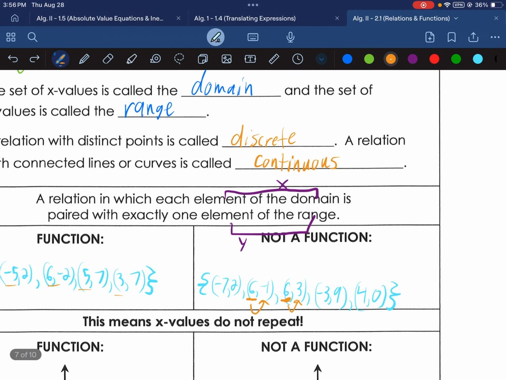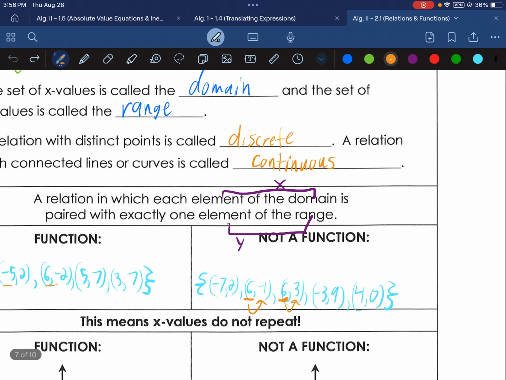And that's how vending machines work. There are multiple slots for the most popular items. Whereas over here for the not a function part, that would be like a broken vending machine, in which I can push one button, 6, as my input. Maybe one time I push it, and I get a Twix. But the other time I push it, I get an Almond Joy.